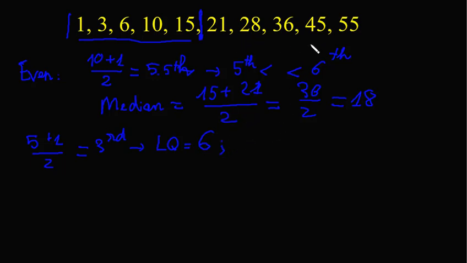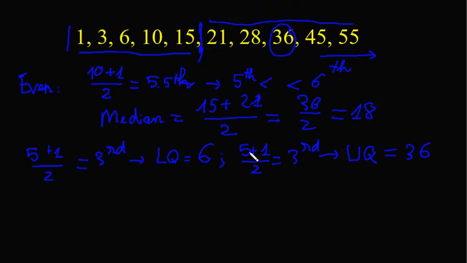And then for the upper quartile, here we have (5 plus 1)/2, also 3. The upper quartile is the median from the median to the end, so the third value of this half is 36.